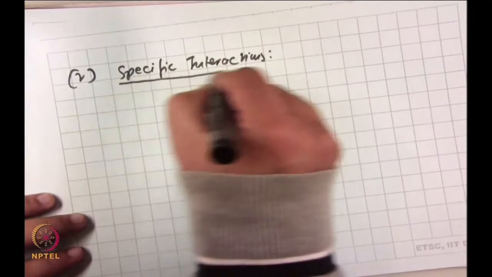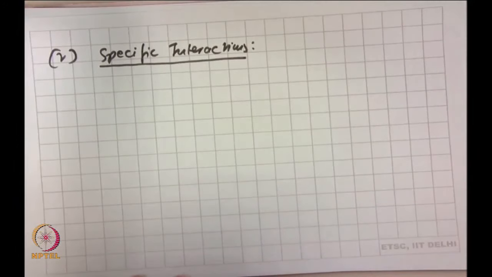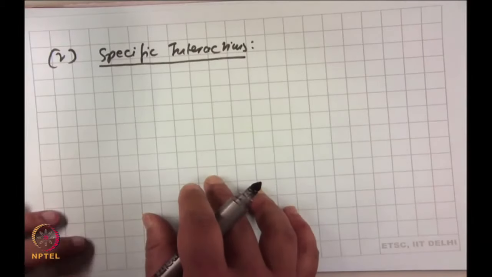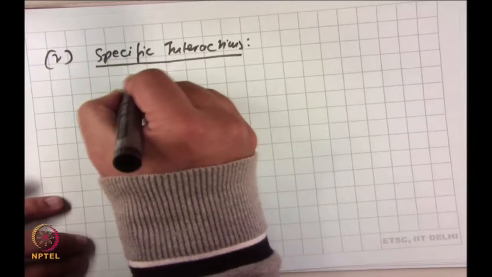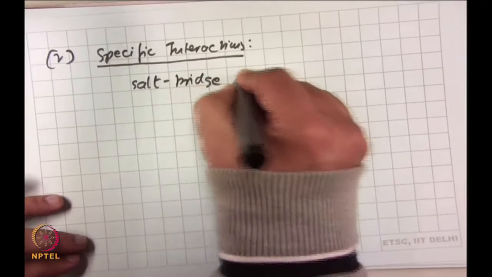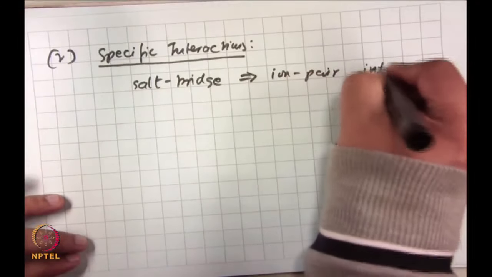Second one is specific interactions. Okay. So, what do we mean by specific interactions? I am sure you have heard of this term, salt bridge. Have you heard of salt bridge, or also known as ion pair interaction?